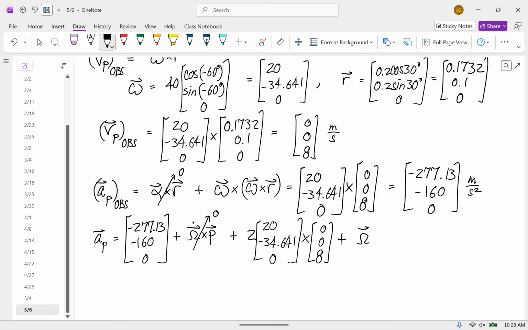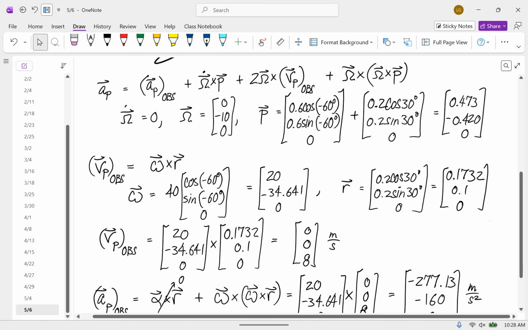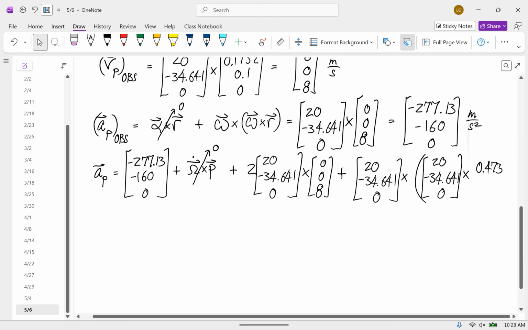Plus omega cross the quantity omega crossed with the position vector, not the r vector, and the position vector is 0.473, negative 0.420.